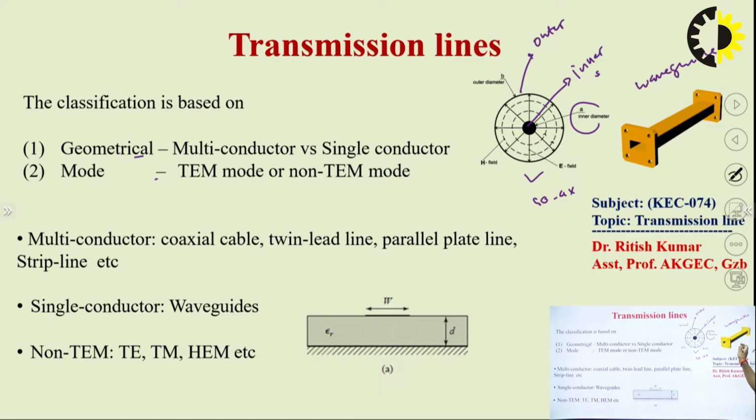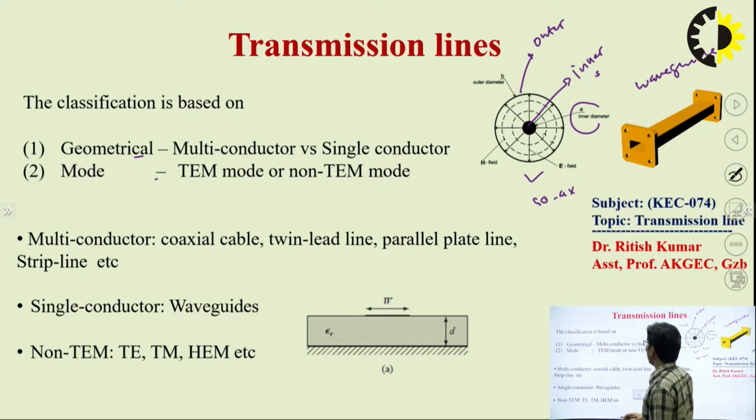If we correlate these two transmission lines, here we have a single conductor. This transmission line is designed only based on the single conductor. Here we have more than one conductor, the inner conductor and the outer conductor. So from the geometrical point of view, we have these two kinds of transmission lines.